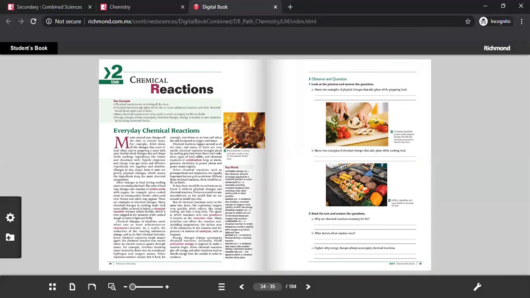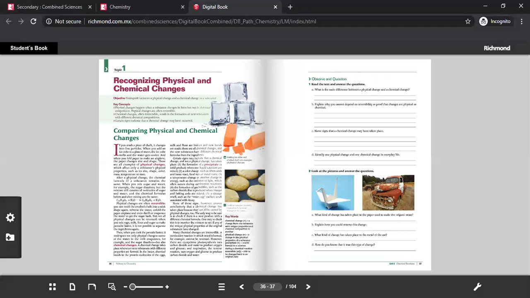Then here on our online classes, right, we have been talking about chemical reactions and obviously chemical changes, right? Then we made a difference between the physical and the chemical changes. And as you can see in the images, there are some of the examples that we have seen on the videos.